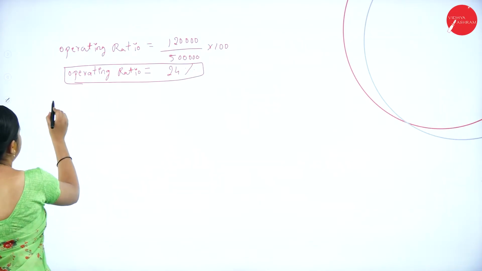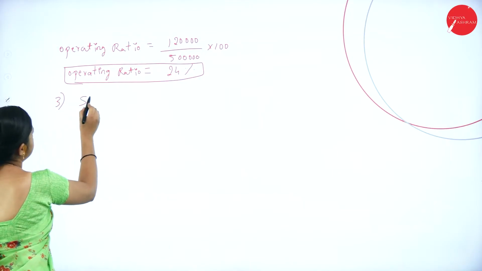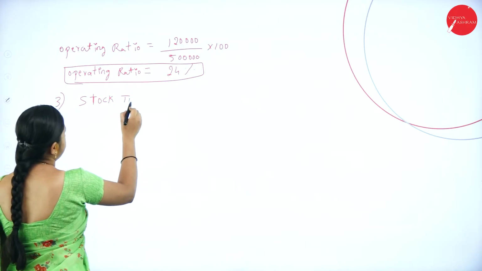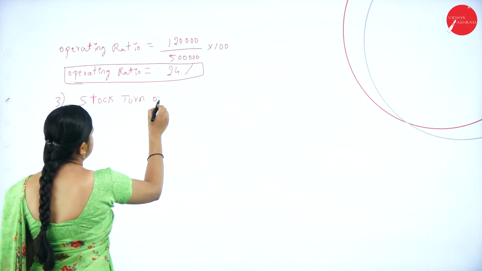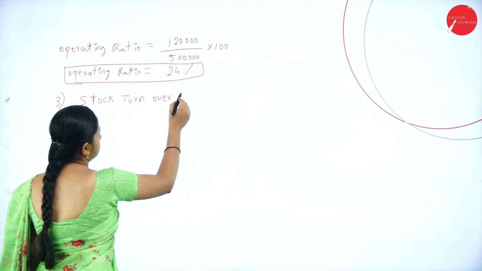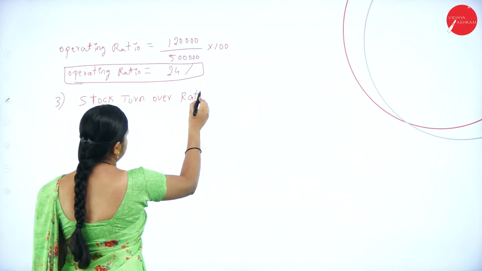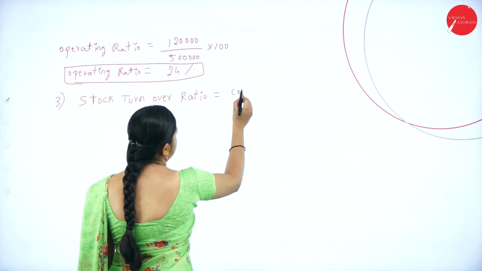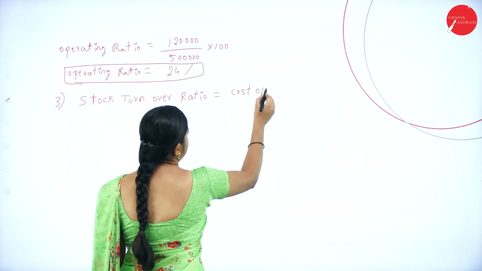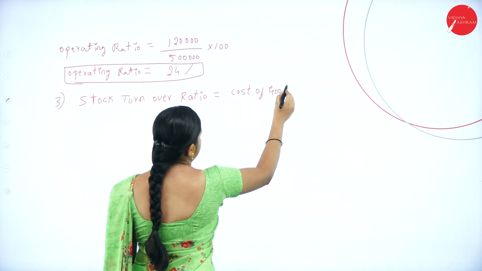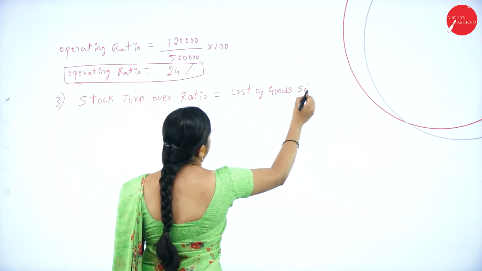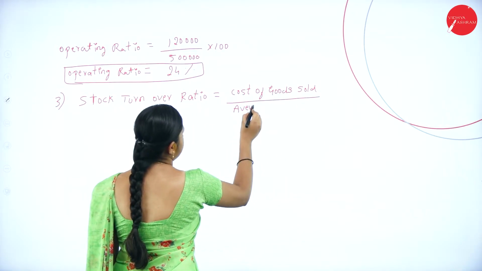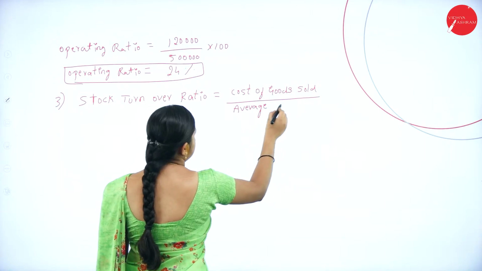Next, stock turnover ratio. Write down the formula for stock turnover ratio. Stock turnover ratio is equal to cost of goods sold divided by average stock.